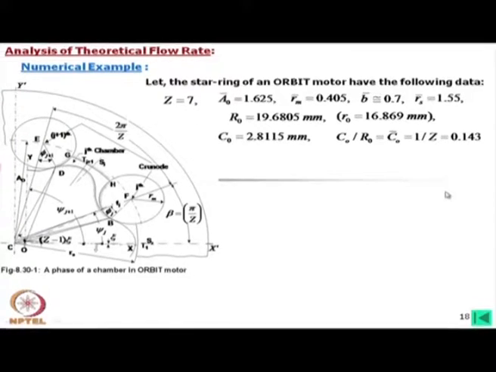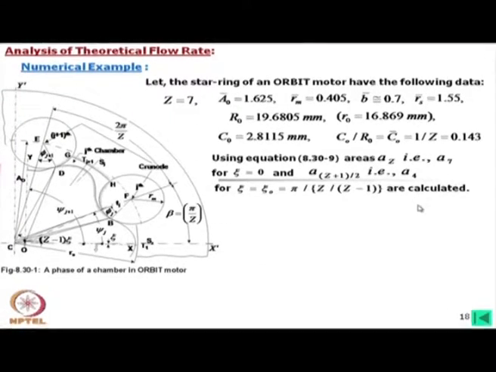Okay. So, with this data, if we calculate this area, what we have done for the swept volume AZ, we have taken first A7 we have calculated, and then, again I have made a mistake, this will be minus 1 by 2 the third chamber, and this is A3, and we will get this area now. These two areas are A TDC and A BDC respectively.